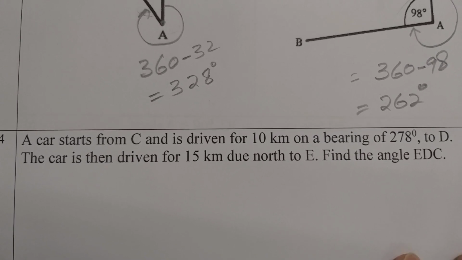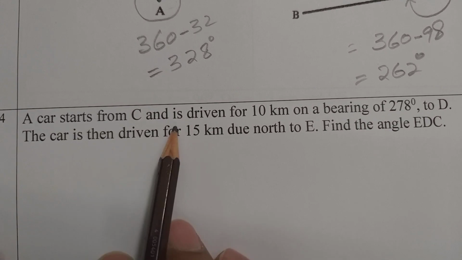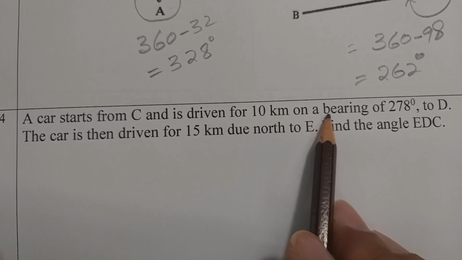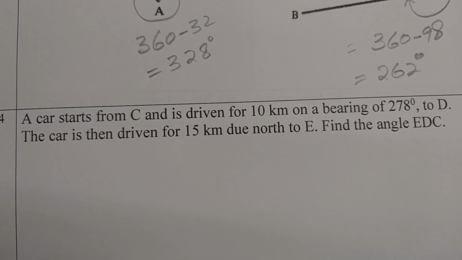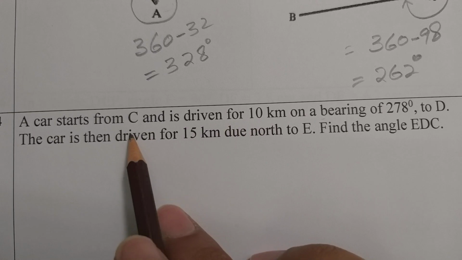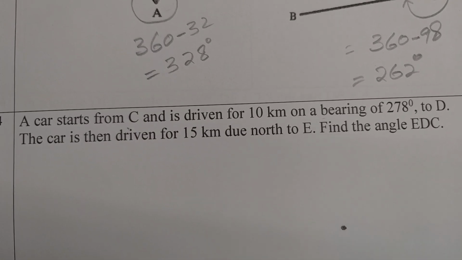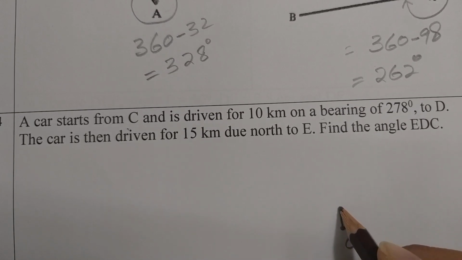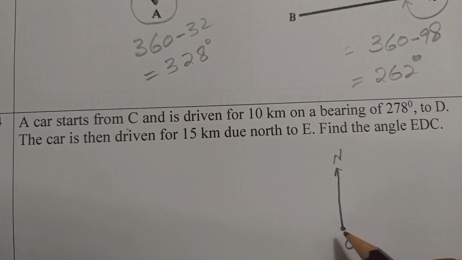Okay, in this question, again it's a bearing question. A car starts from C and is driven for 10 kilometers on a bearing of 278. If we use the protractor, it's okay. Otherwise you can go for a rough sketch. C is the starting point here, and we draw the north line on that point.